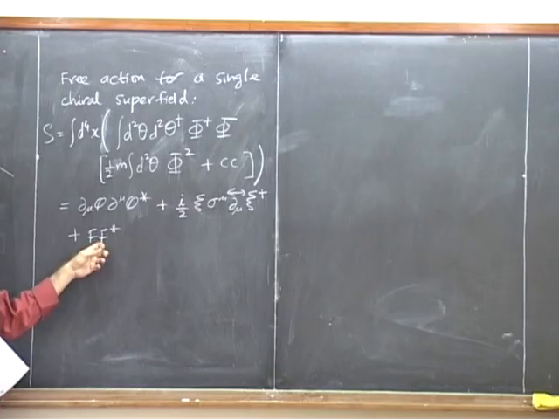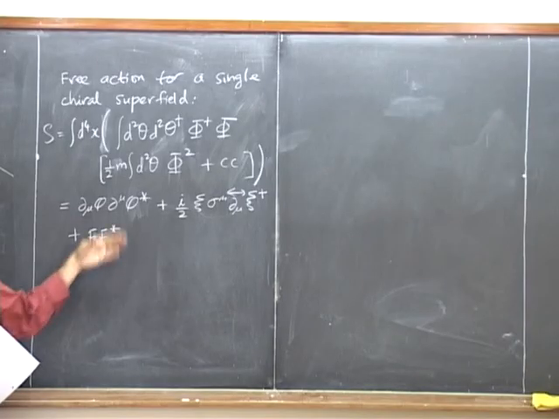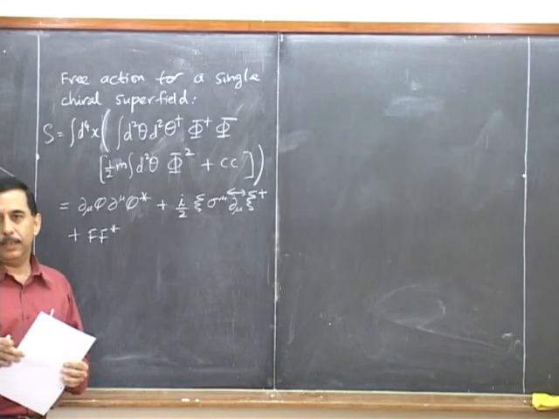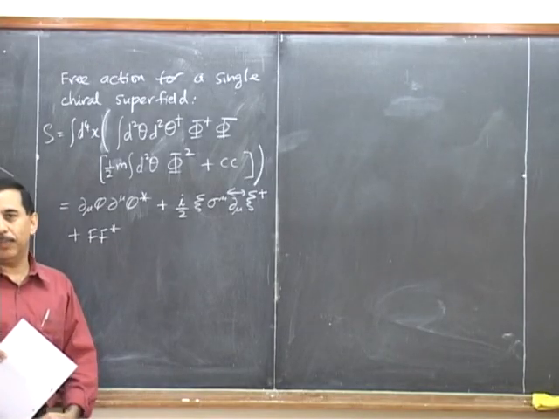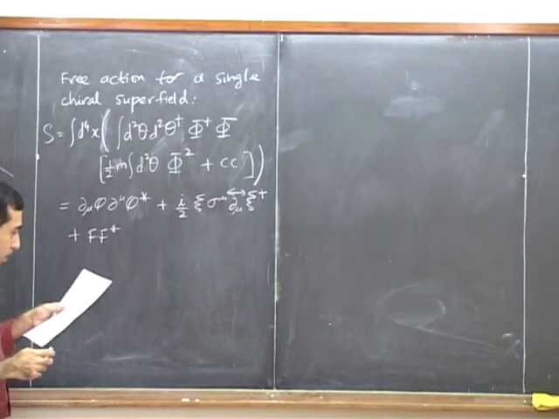Okay, but we'll see that after we eliminate the auxiliary fields, then we'll get things with the right sign. So auxiliary fields typically have that property that they occur with the wrong sign.